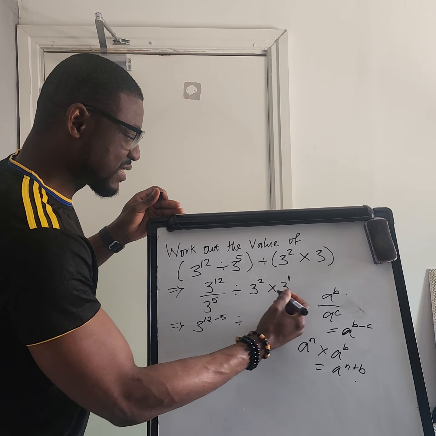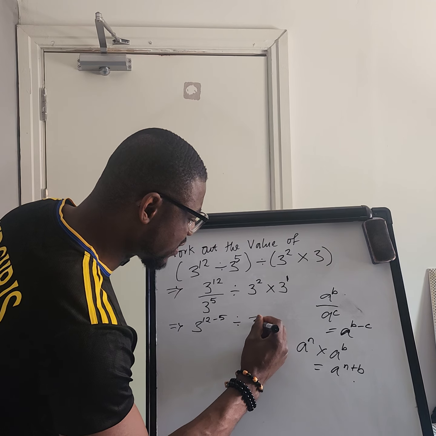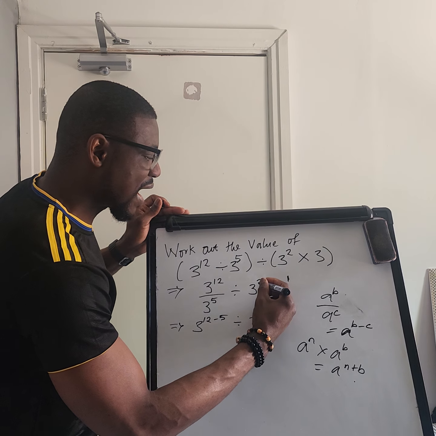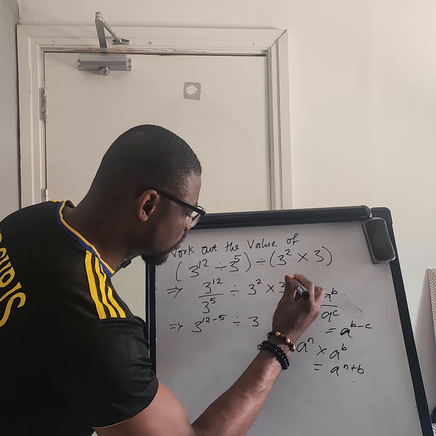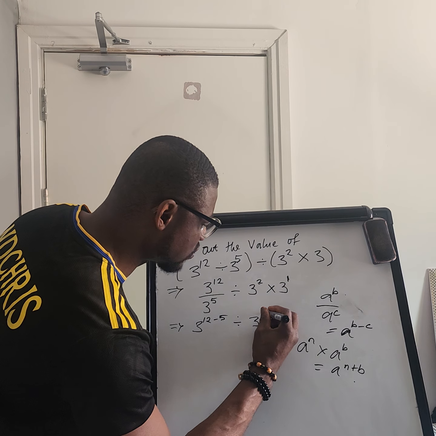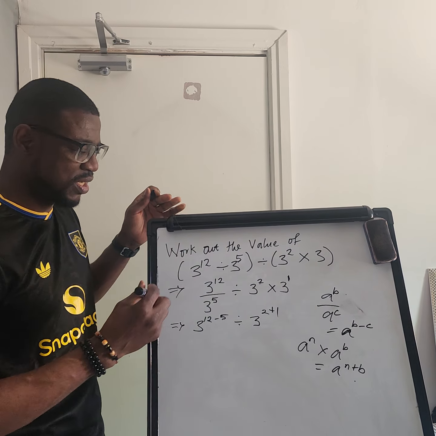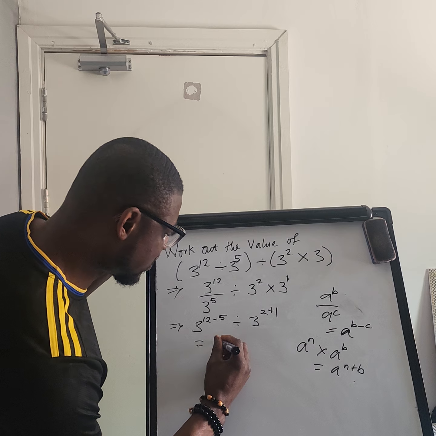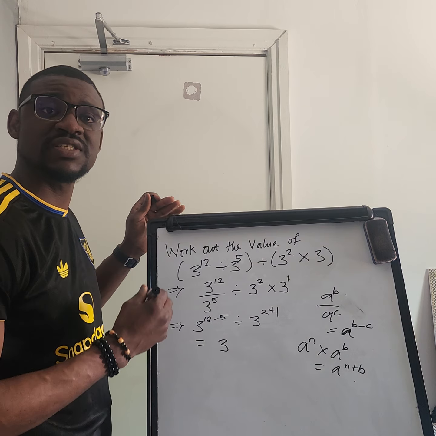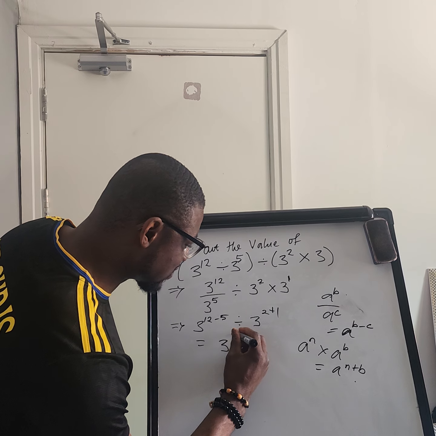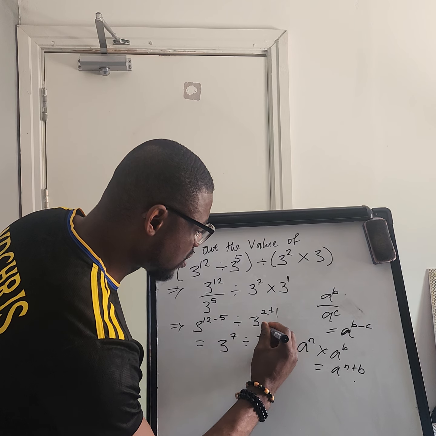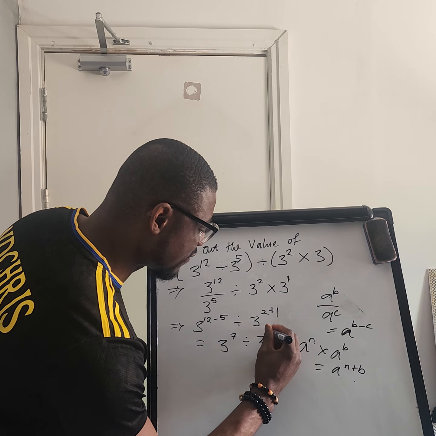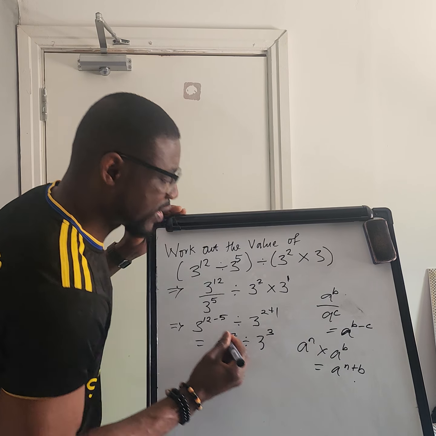Since the base is the same, we have 3. So we are going to add the exponents, which are 2 and 1. So we have 2 plus 1. This will leave me with 3 raised to power 12 minus 5, which gives me 7, divided by 3 raised to power 2 plus 1, which gives us 3.